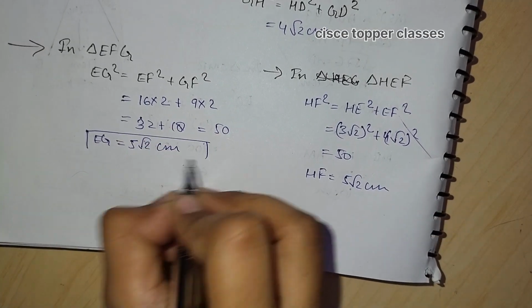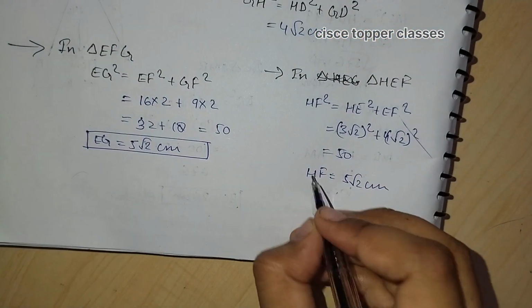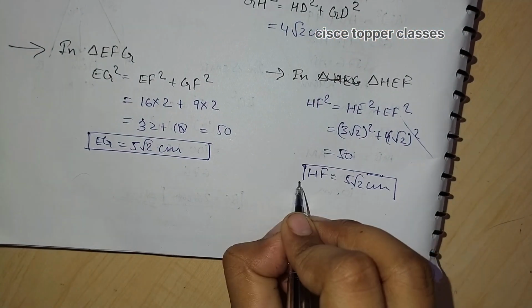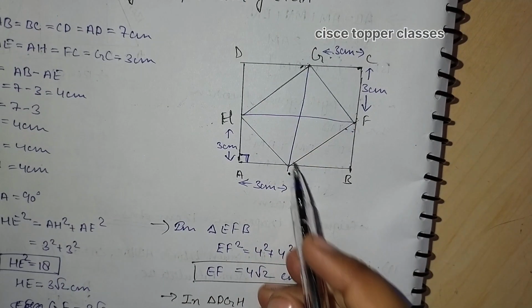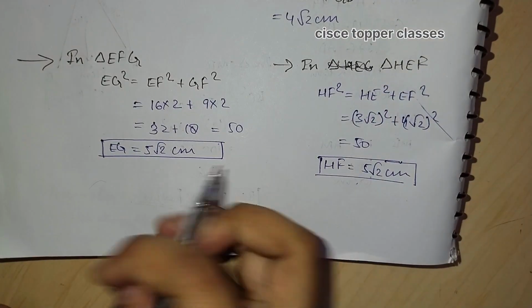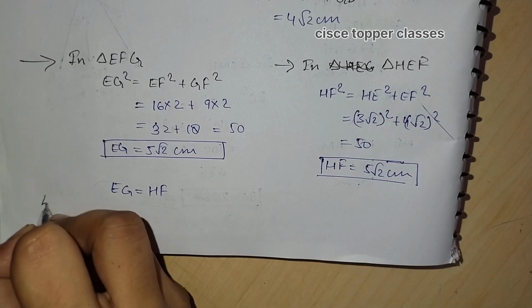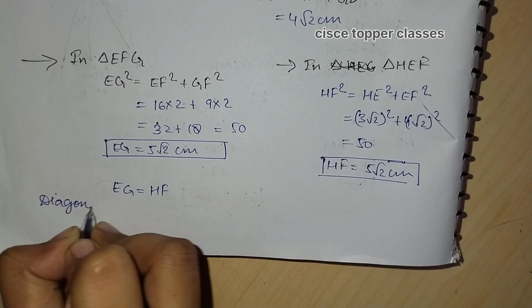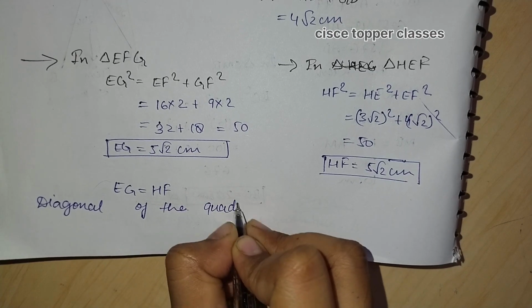As EG is a diagonal of EFGH, and HF is also a diagonal of EFGH. So we can see that this is a diagonal and GE is also a diagonal. So we have proved that as EG is equal to HF, the diagonals of the quadrilateral are congruent.